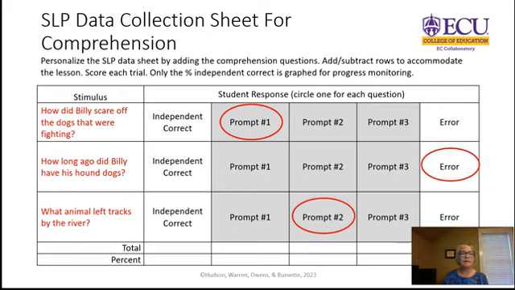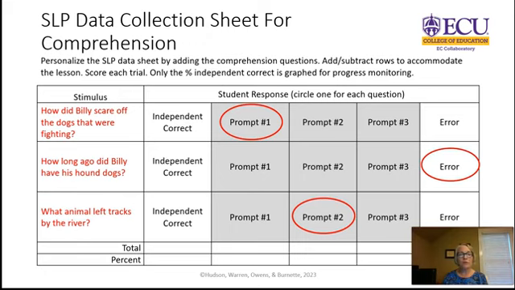The first question was, how did Billy scare off the dogs that were fighting? And the student, you can tell, was able to answer after delivering prompt 1, which was rereading the text and re-asking the question. For the second question, how long ago did Billy have his hound dogs? The student made an error, as indicated on the data sheet.